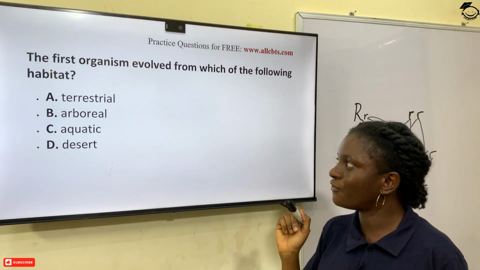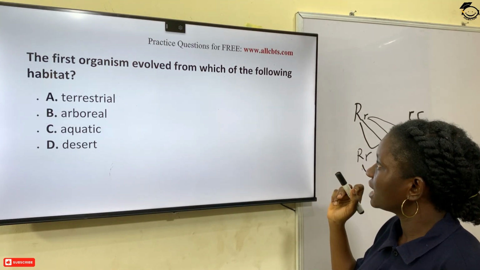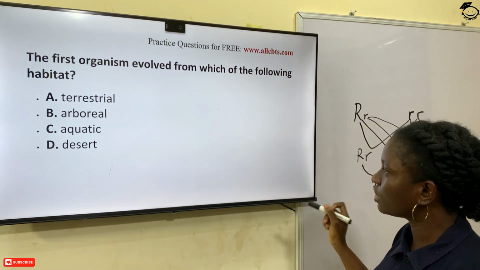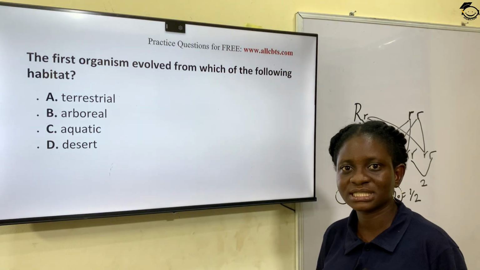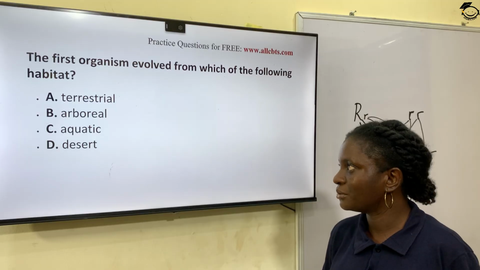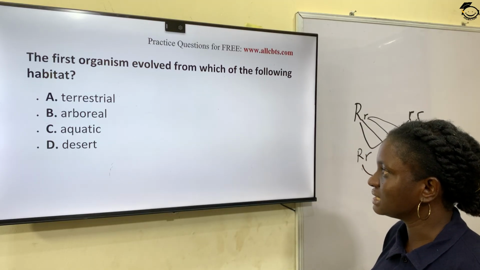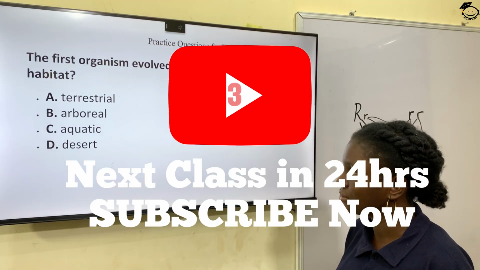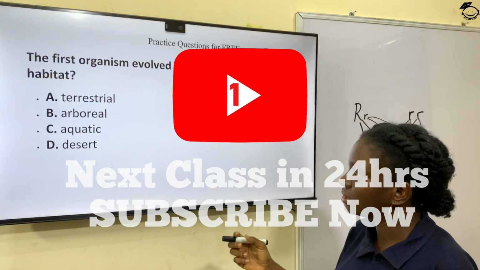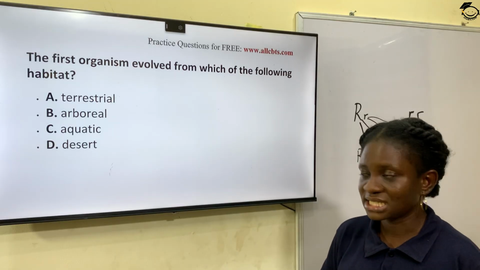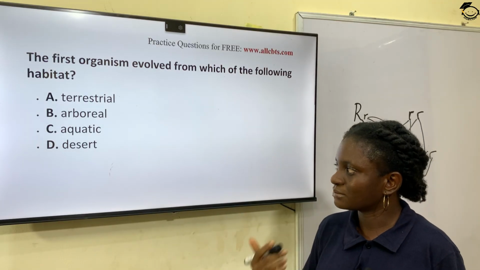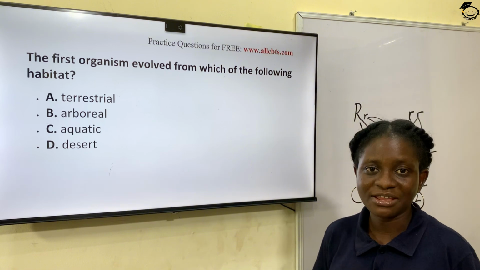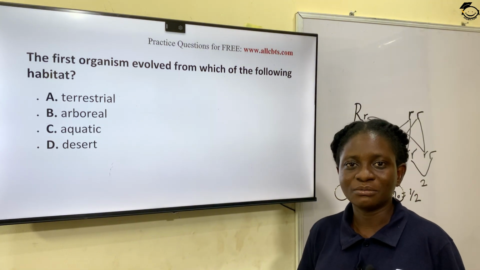Next question, the first organism evolved from which of the following habitats? Habitats are natural environments where organisms live. So the first organism evolved from A, terrestrial, B, arboreal, C, aquatic, and D, desert. It has been known that life originated from water.